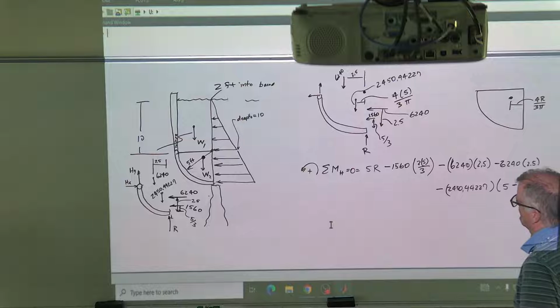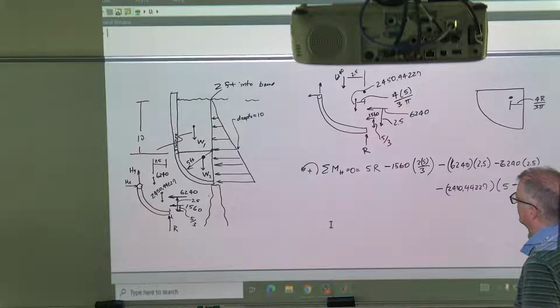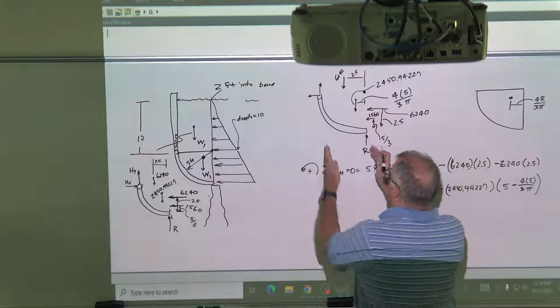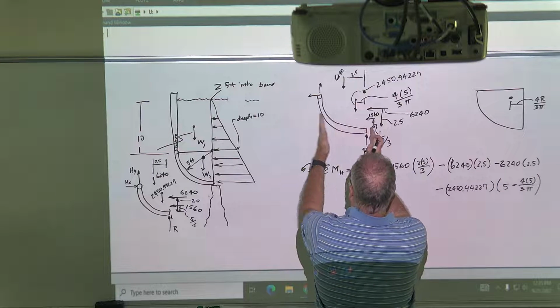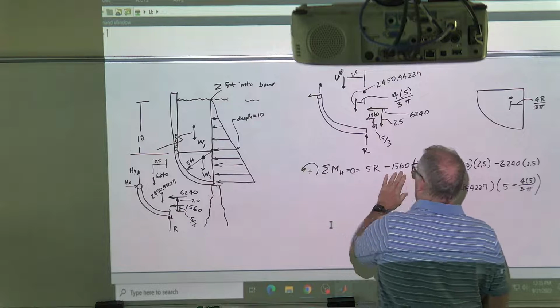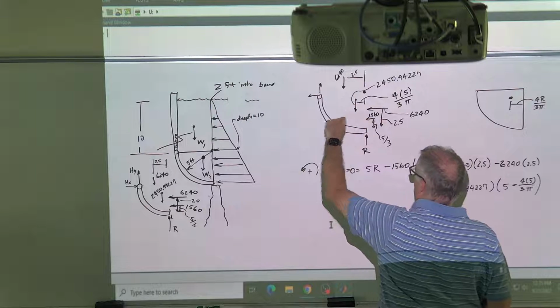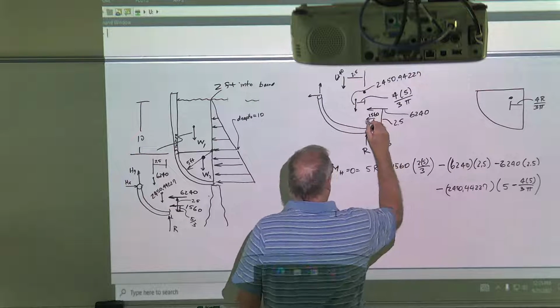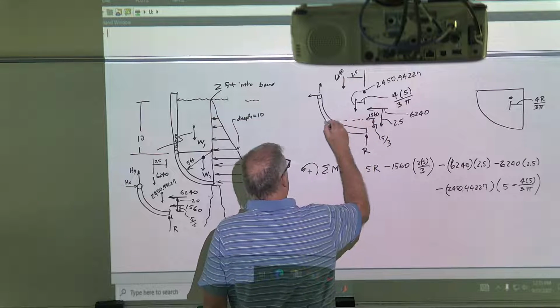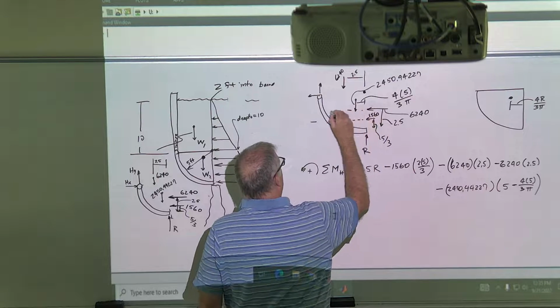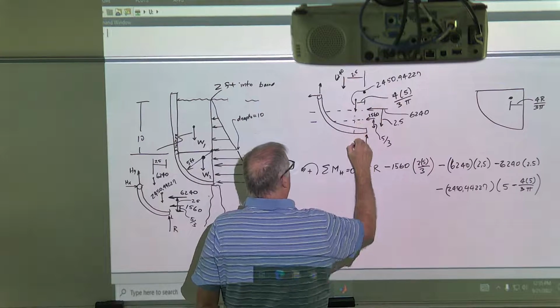So that gives you R. Is that the 5R? Yeah, 5 times R. Okay, 5 times R, because that's 5 distance over to it. Then distance down. So what I'm doing is I'm trying to find these moment arms here.